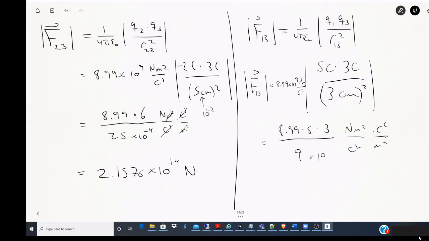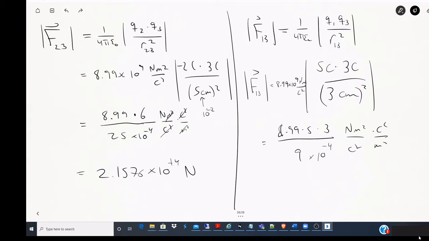And the 9 gets a 10 to the negative 4th. So what's going on? The 9 is just the 3 squared, and the 10 to the negative 4th is just from the centi. When you square a 10 to the negative 2, you get 10 to the negative 4th. This unit is from Coulomb's constant. These units are from these guys and that guy, respectively.